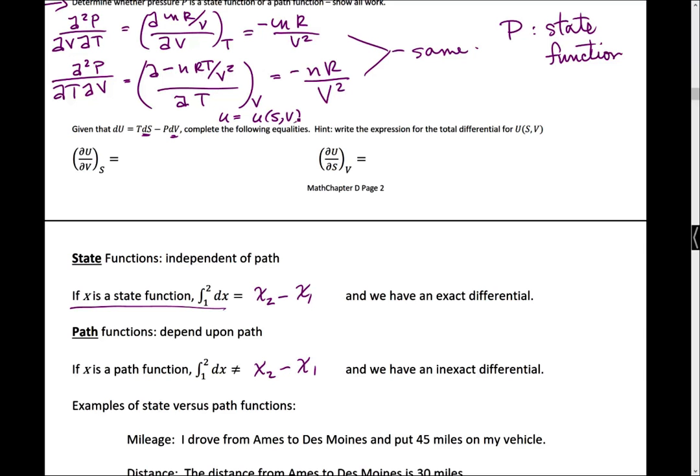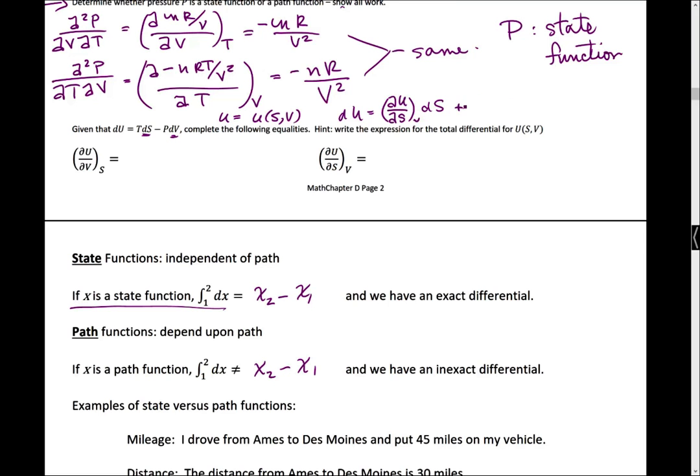And as soon as I recognize that my function depends upon entropy and volume, then I can write a total differential. So I can say dU is equal to how the energy of the system responds to a change in the entropy, times the change in the entropy, and I'm going to hold volume constant in that.